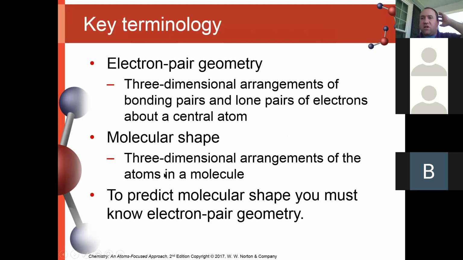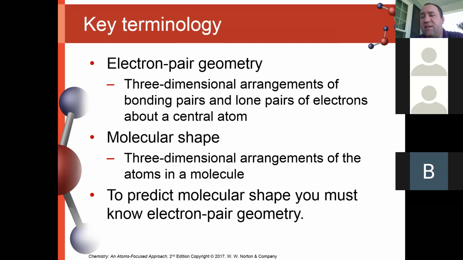And so there's some key terminology that we need to make ourselves aware of before tomorrow. And that is, when it comes to molecular shape, when it comes to the shapes of these ions or these substances, there are two ways that we can describe the shape. The first way is something called electron pair geometry.